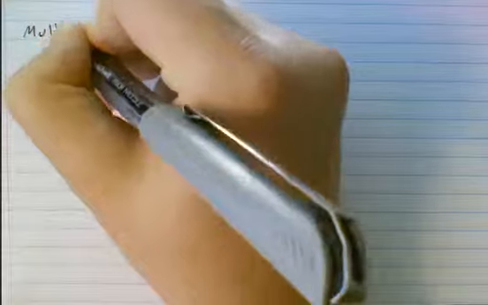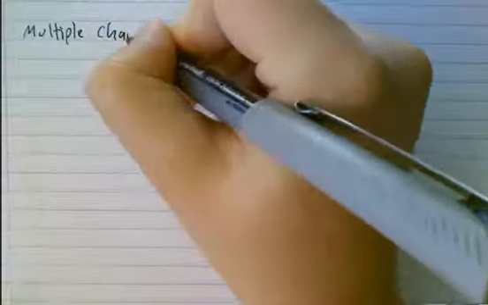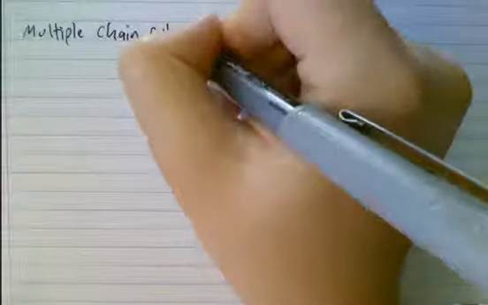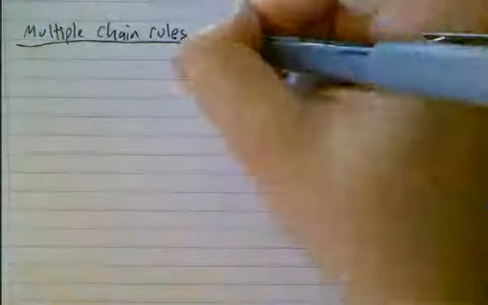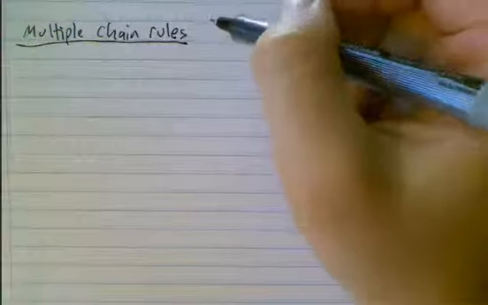It's also possible to take the chain rule multiple times. The key here is just that every time you see a derivative, you start with it as a new problem.